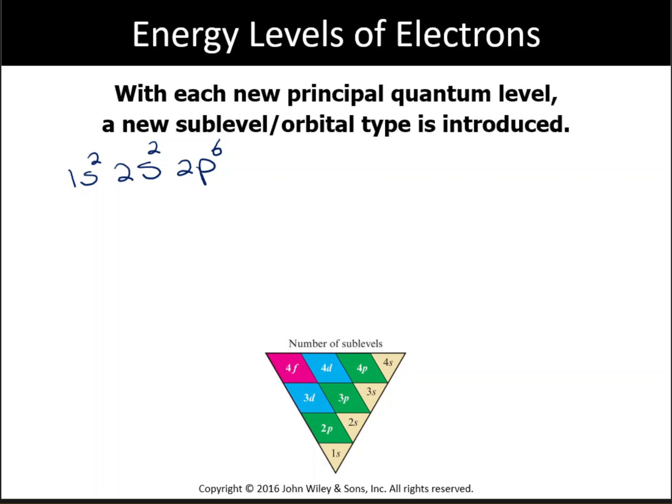After the second energy level, we move to the third energy level. In the third energy level, we expected 3s, 3p, and 3d. In the s, you would expect a maximum of 2 electrons, a maximum of 6 in the p, and a maximum of 10 in the d.